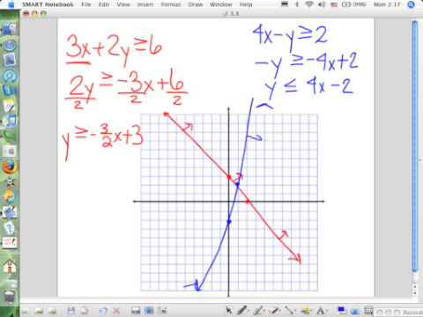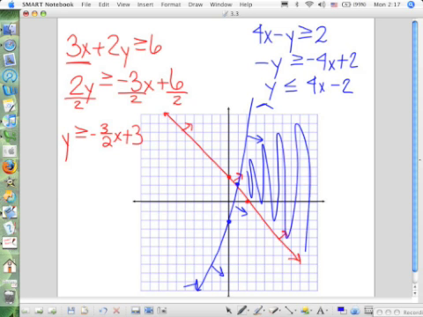So your region is here. Now we identify all the little sections that we formed. Is it the top section, the bottom section, the left section, or the right section that needs to be shaded? The right. Over here is where my arrows are pointed towards each other.